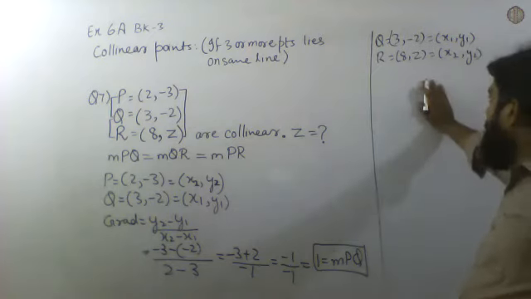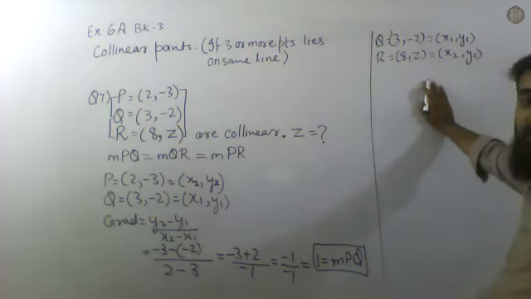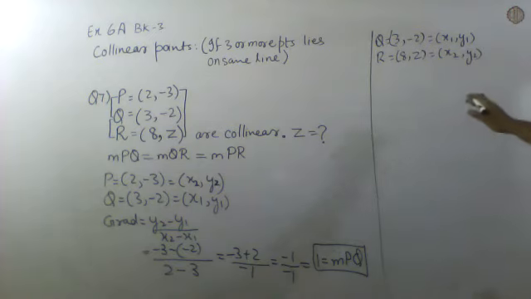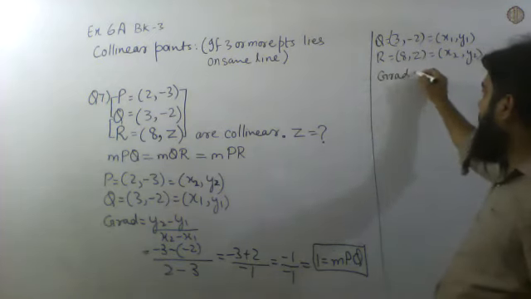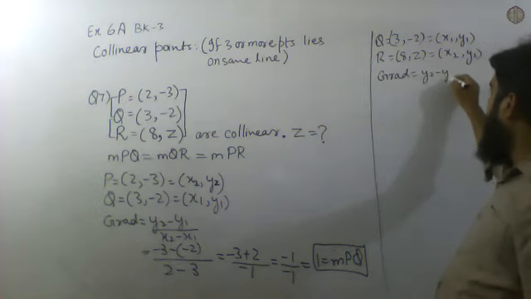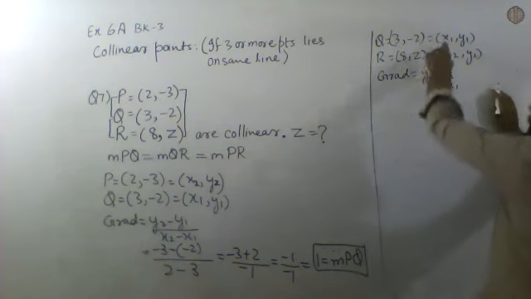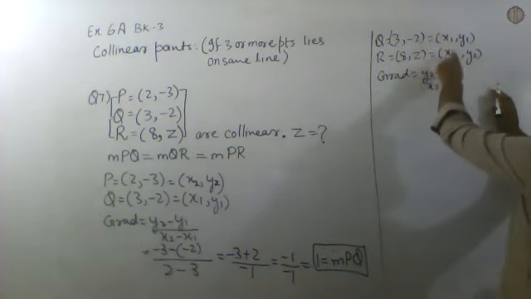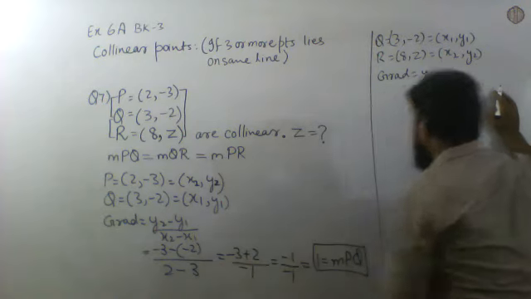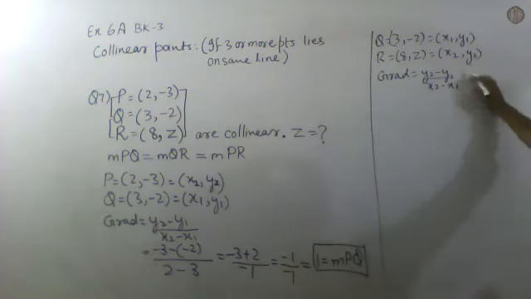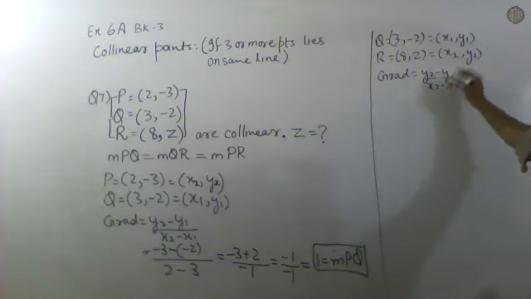So when you are going to simplify it, what you are going to do? The gradient formula, what's the gradient formula? y2 minus y1 upon x2 minus x1. Now your x1 and y1, x2 and y2 have changed. So y2, what is your y2?